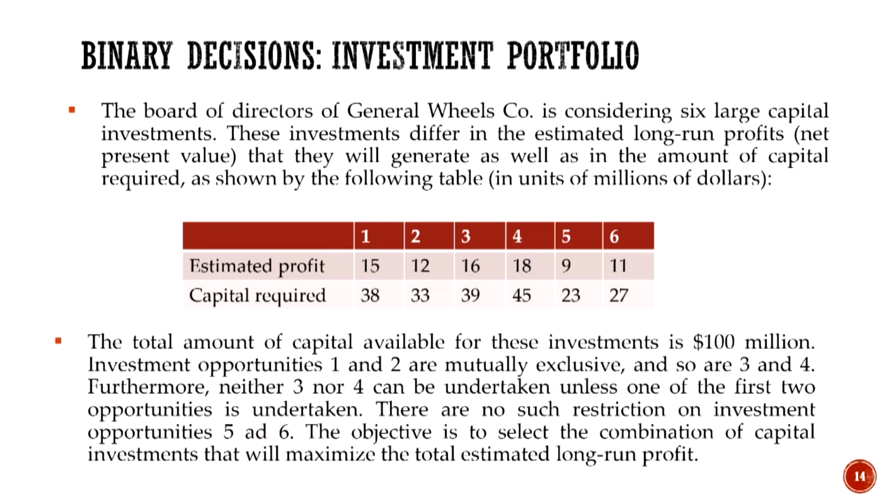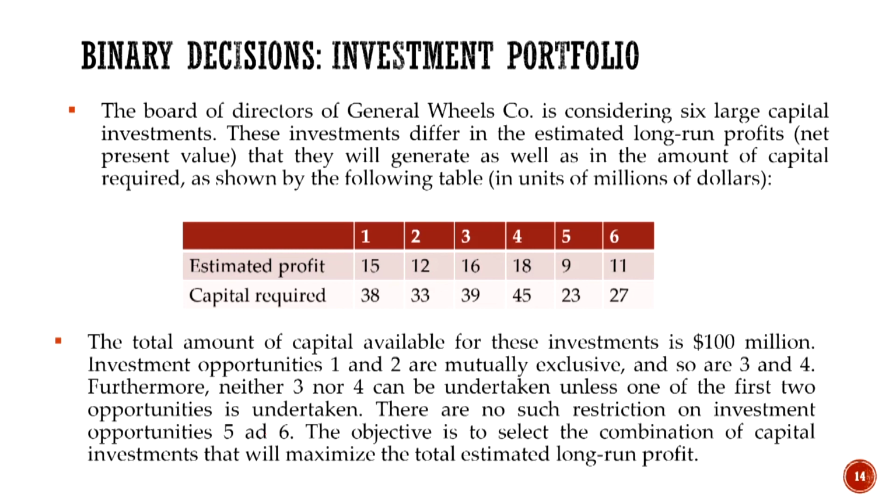These investments differ in the estimated long-run profit that they will generate, as well as in the amount of capital required, as shown by the following table, in units of millions of dollars. So we have 6 options. You can see the estimated profit and capital required for each option. The total amount of capital available for this investment is $100 million.